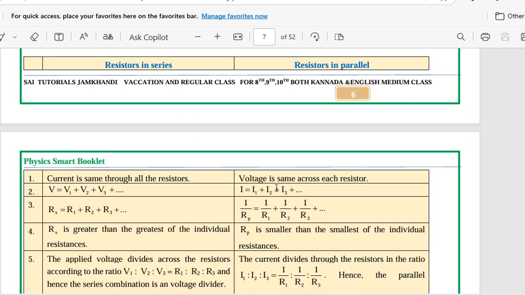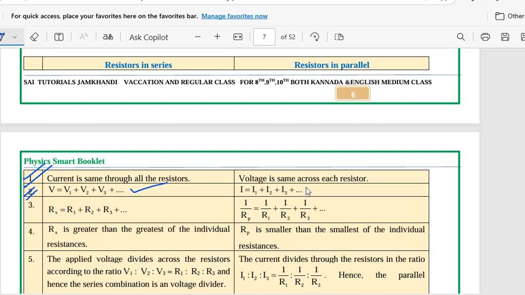But in case of parallel resistors, voltage is the same across each resistor. Second, in the series combination, the total voltage is V = V1 + V2 + V3 and so on.